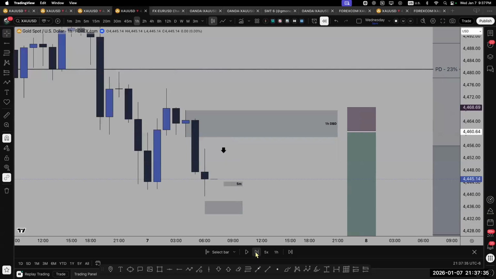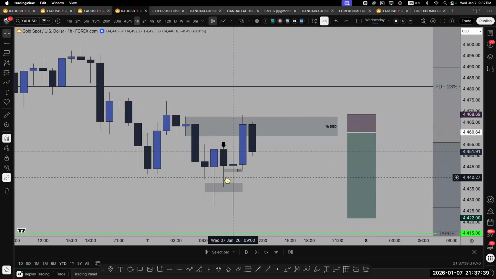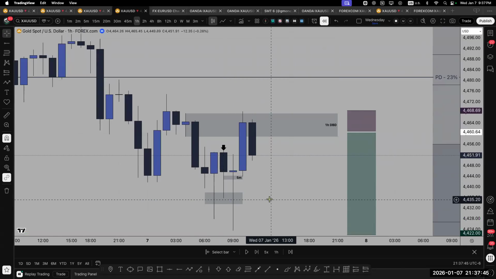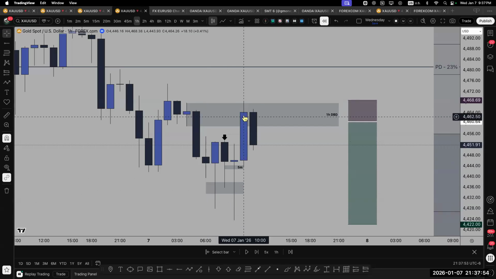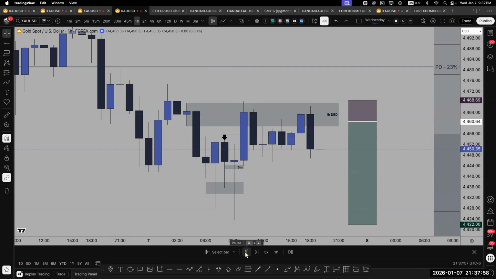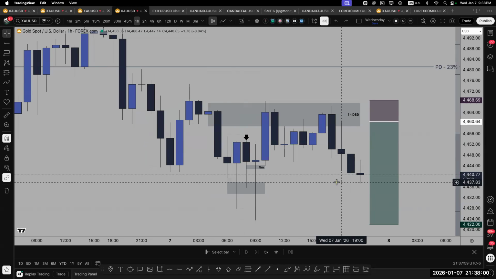As we continue moving forward, you see, it's 8 o'clock, and we actually sold and took profit at 28 today. Then the market decided to push back up, then come over here, and eventually start trending down now.